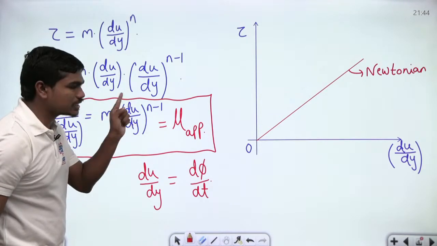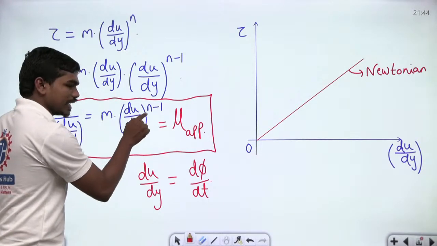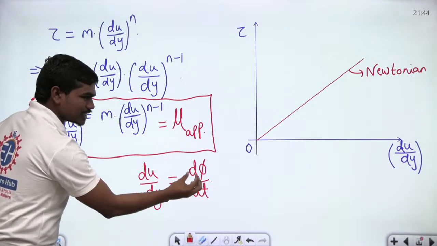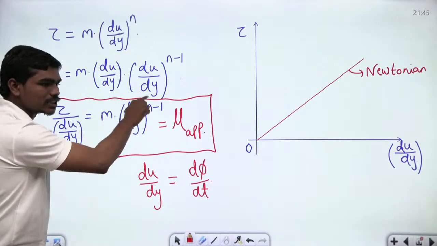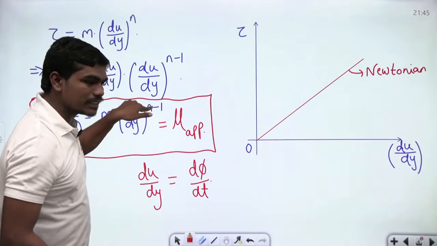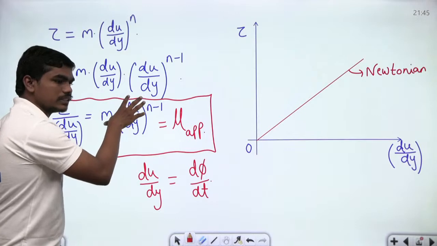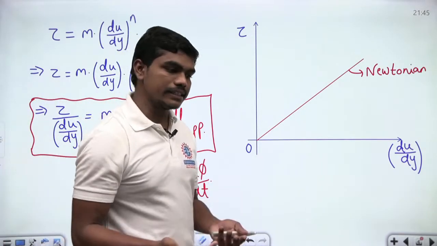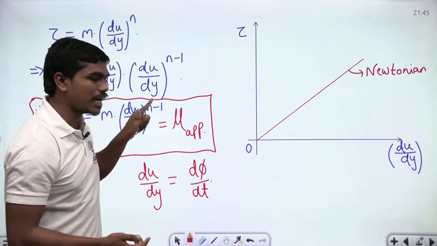If n is less than 1, this exponent is negative. If du by dy is increasing, meaning the shear strain rate is increasing, what happens to this total value? Please respond. Whenever n is less than 1 and you increase du by dy, this total value will decrease, correct? It's obvious, it decreases because the power is less than 1.